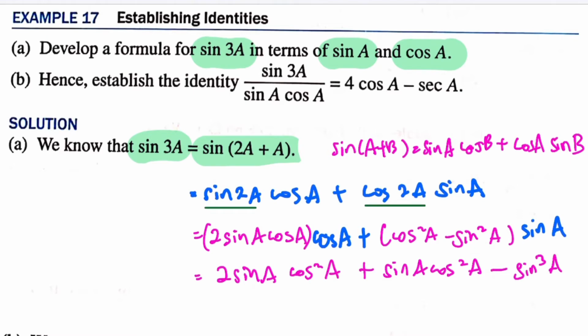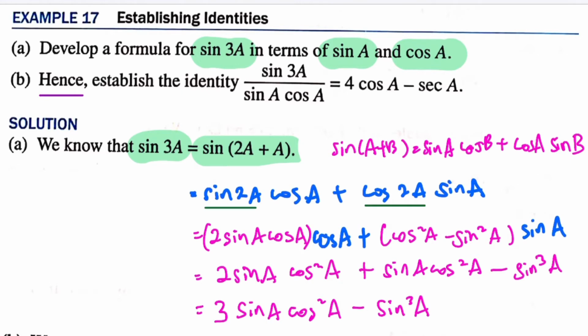So 2 of this term plus 1 of this term will equal 3. So 3 sine A cos squared A minus sine cubed A. Therefore, you have developed a formula for sine 3A, which is equal to 3 sine A cos squared A minus sine cubed A.